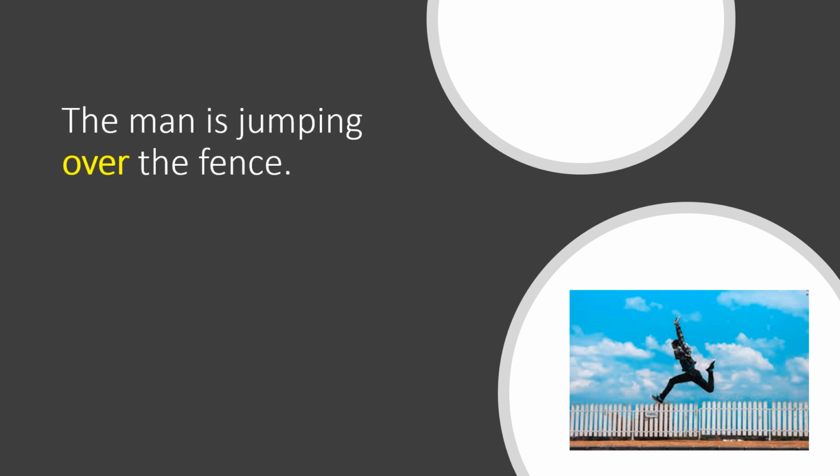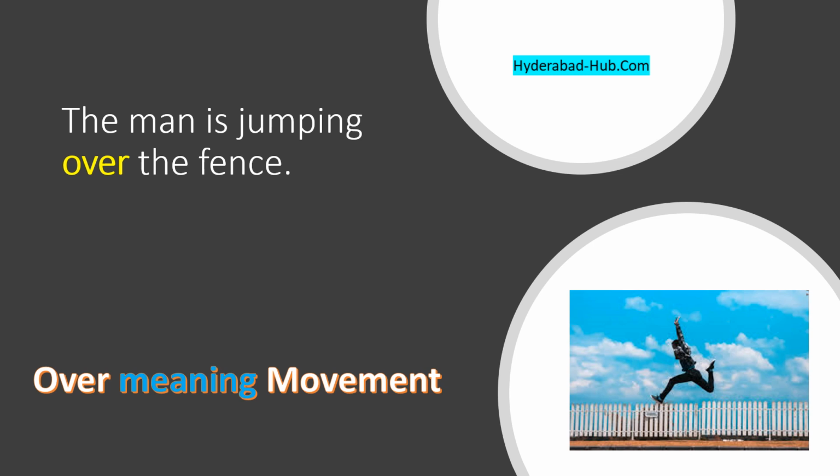Now, please watch some images which reflect the meaning of over. What does this image mean? This image depicts that the man is jumping over the fence. Jumping over the fence means, in this case, over means movement. Look at this image. In this case, the helicopter is hovering over the building. It means directly above the building.